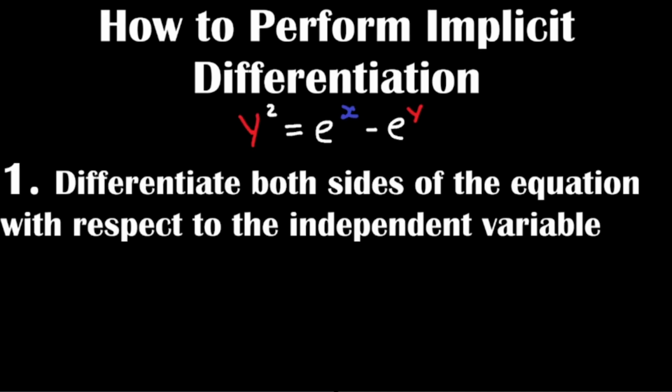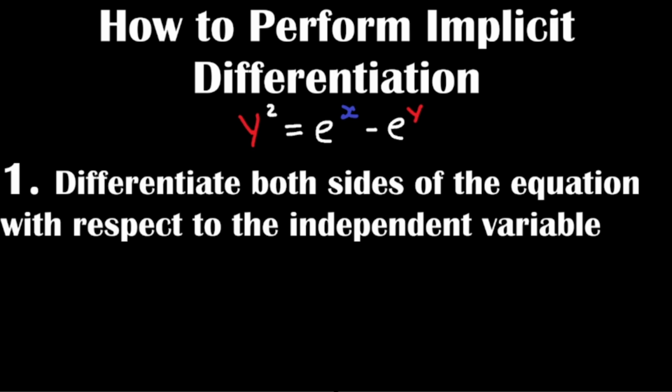Alright, so now that you know what an implicit equation is, let's go through the steps of performing implicit differentiation. I'm going to do this with an example, because I think it's easiest to see just by doing it. Our implicit equation here is y squared equals e to the x minus e to the y.